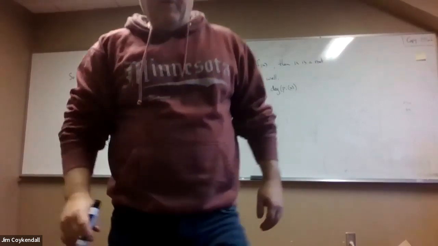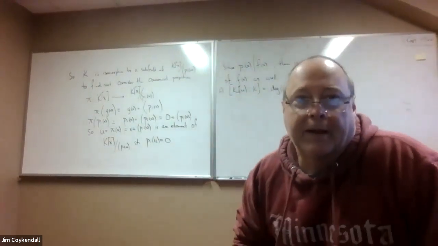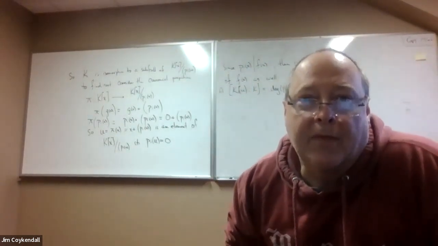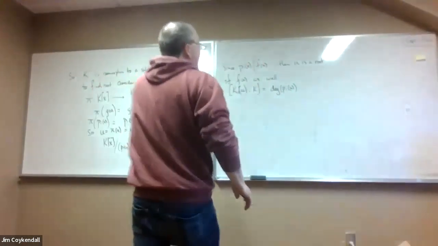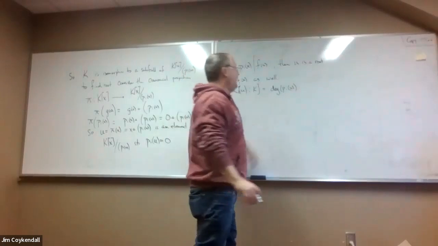This follows from the theorem that we did last time on Friday. Right? So now that we've got this, it's pretty easy to see. Of course, π(x) was one of the factors of f.